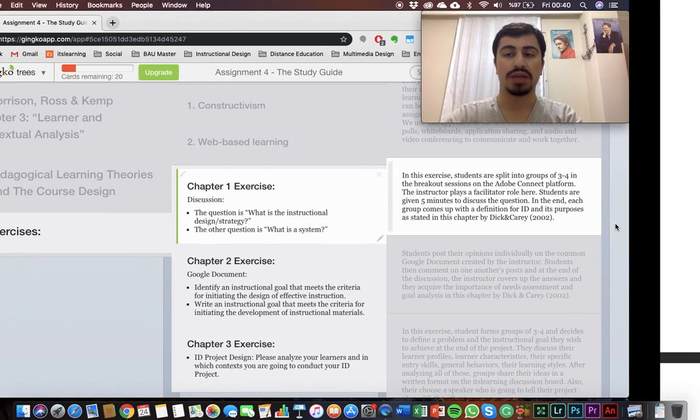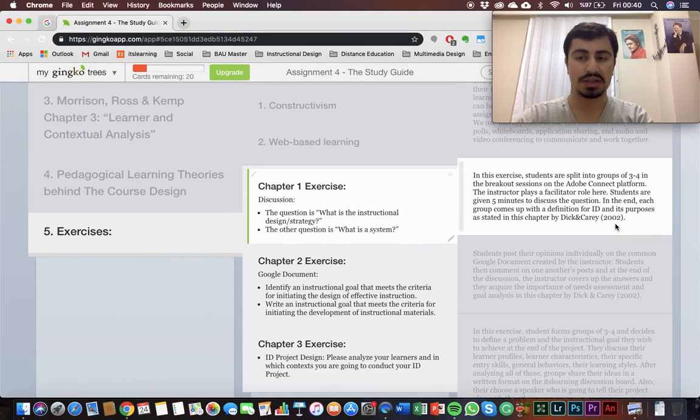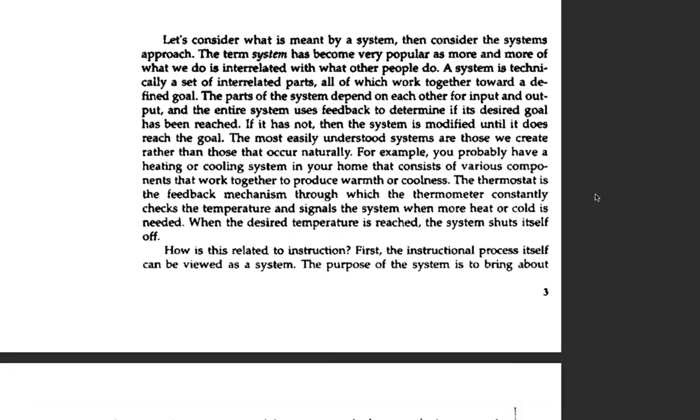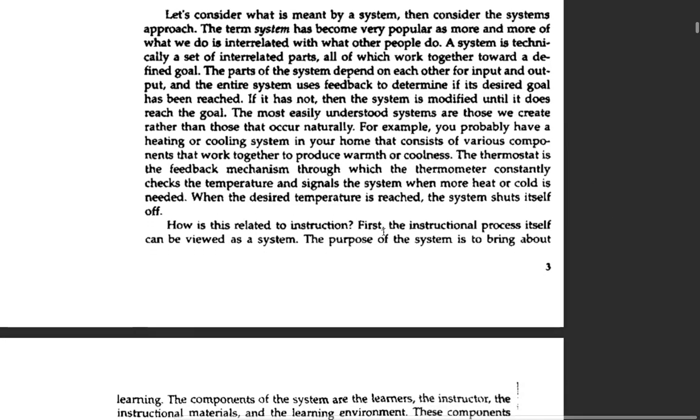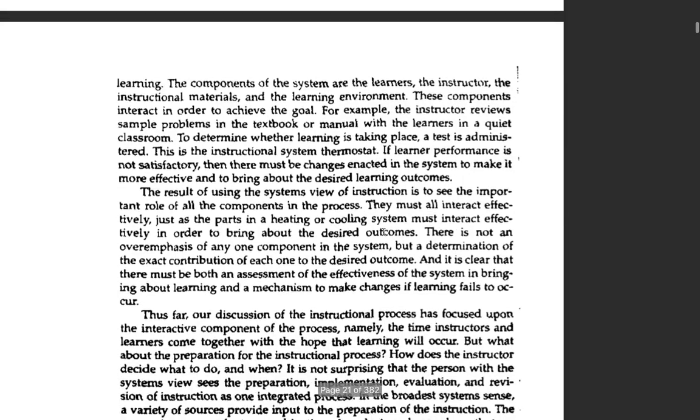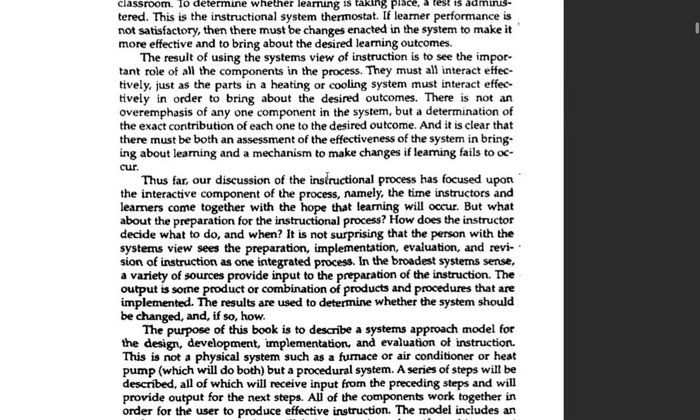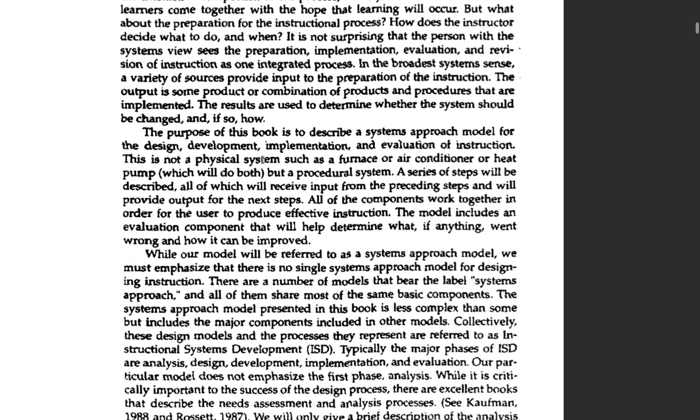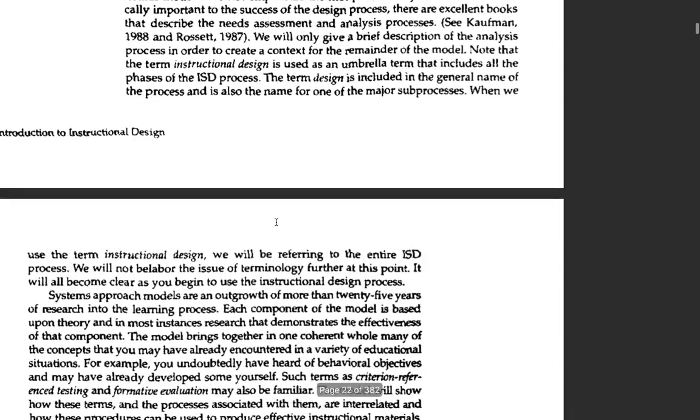So when we have a look at Dick and Carey's chapter, you will see that they define the system first and their systems approach. Here is the purpose of their book in the first chapter.